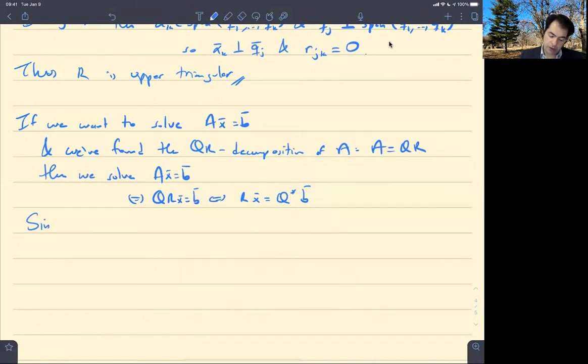Now, since R is upper triangular, Rx equal to y is quick to solve by back substitution.